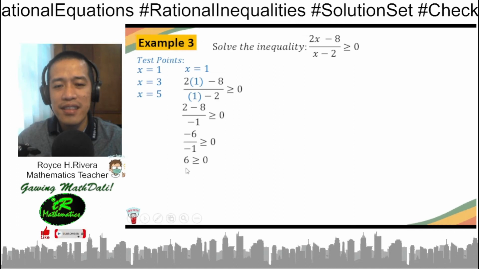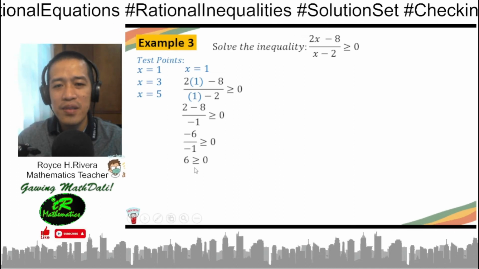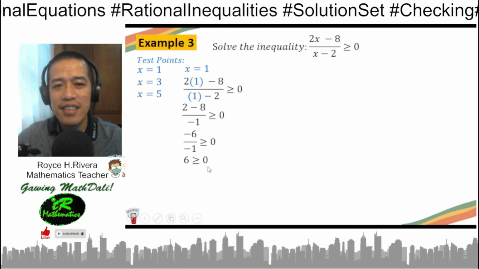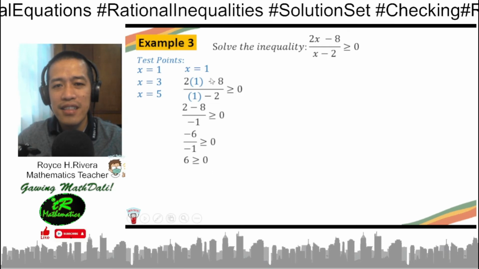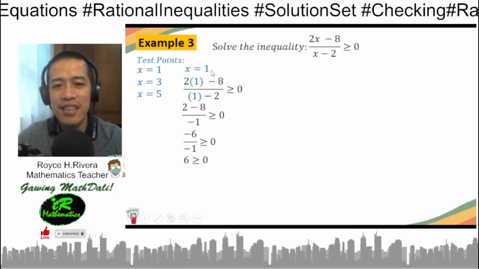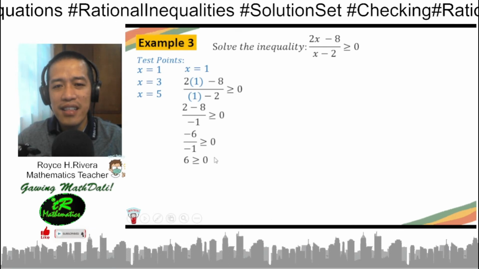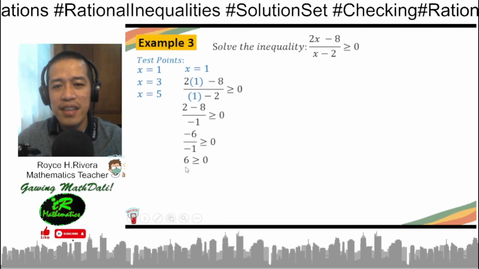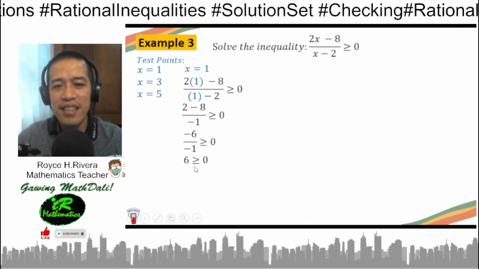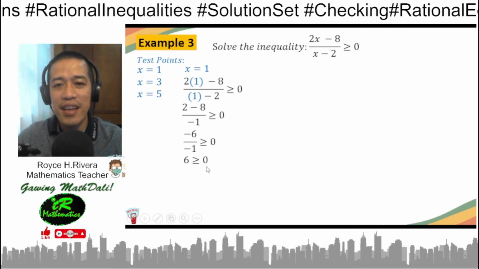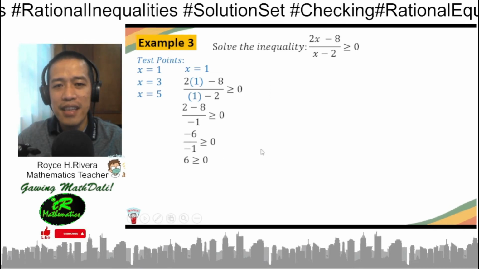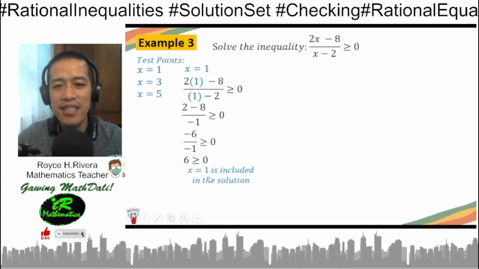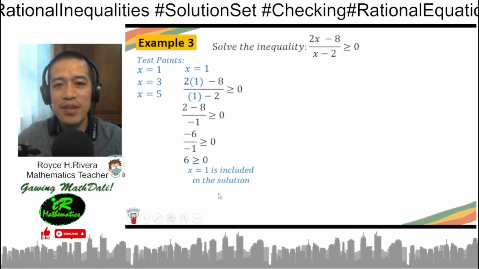So, the result shows that 1 satisfies the inequality because the result 6 greater than or equal to 0 is correct. That means 1 is included in the solution.